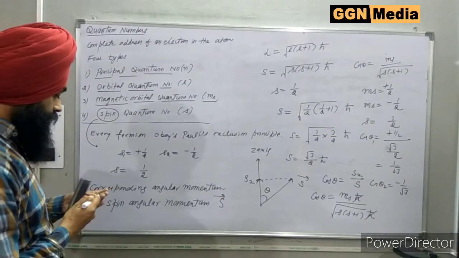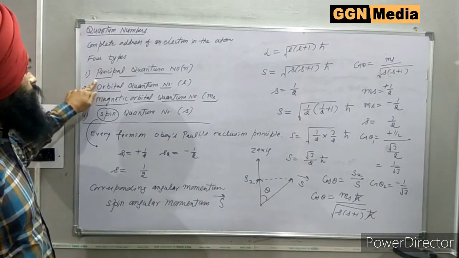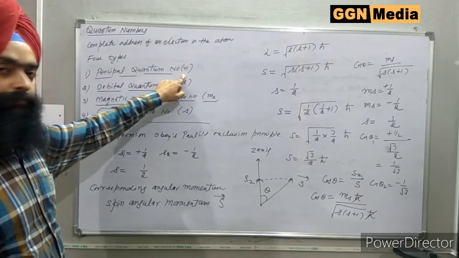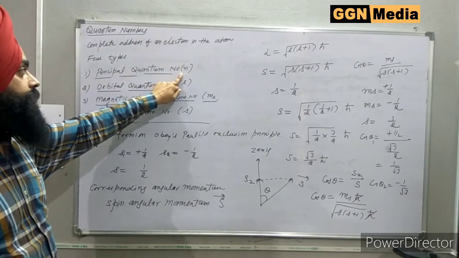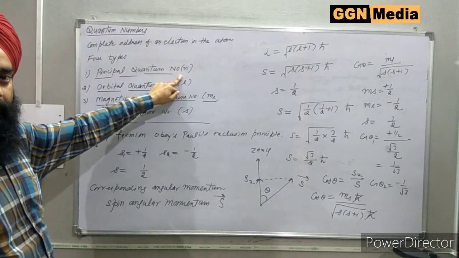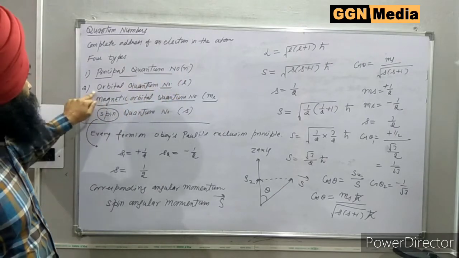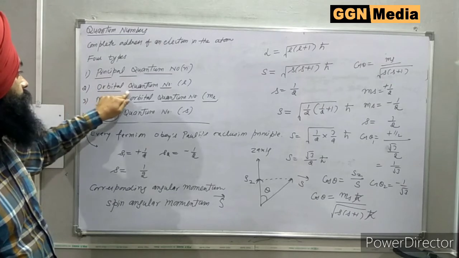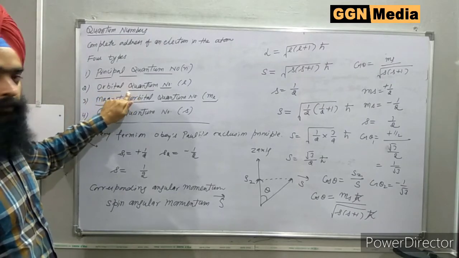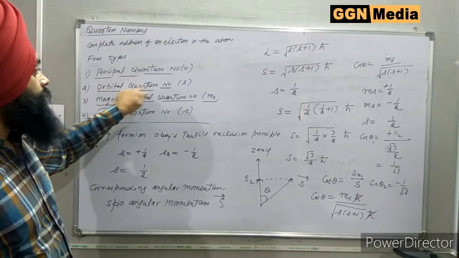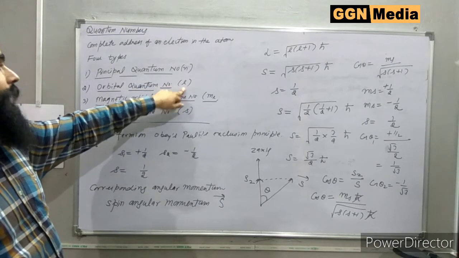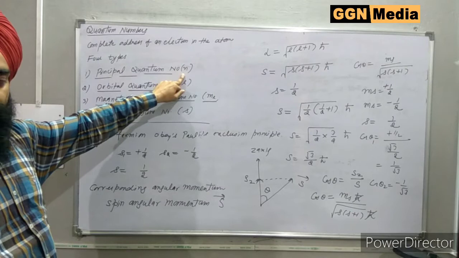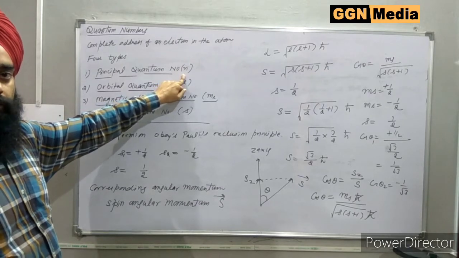So I repeat again, the principal quantum number n gives the main shell in which the electron is present, and those shells are represented by K, L, M, N. Each shell is further divided into subshells, and those subshells are given by quantum number L, whose value varies from 0 to n minus 1, and n varies from 1, 2, 3 up to infinity.